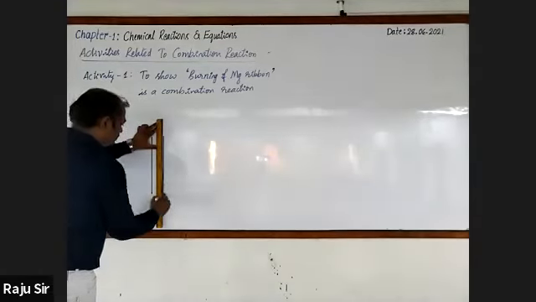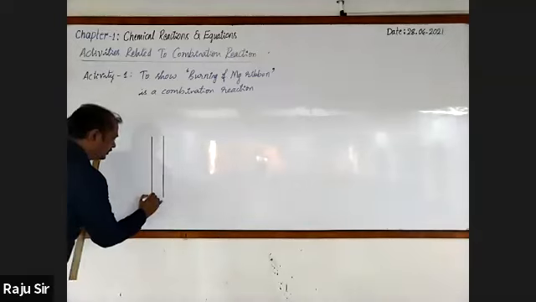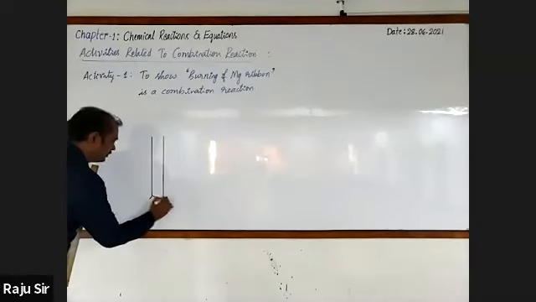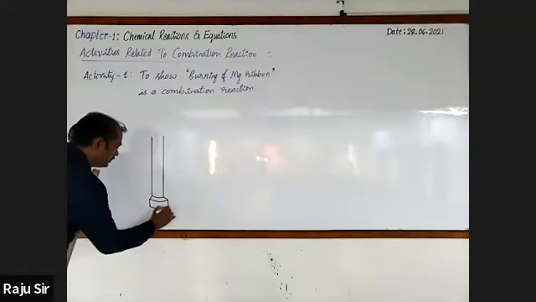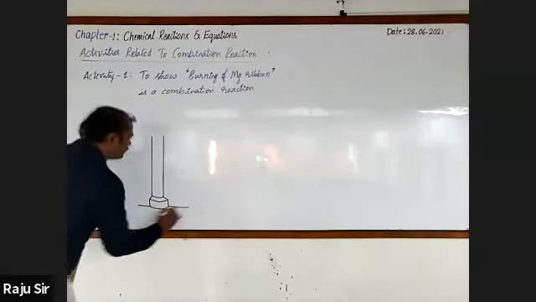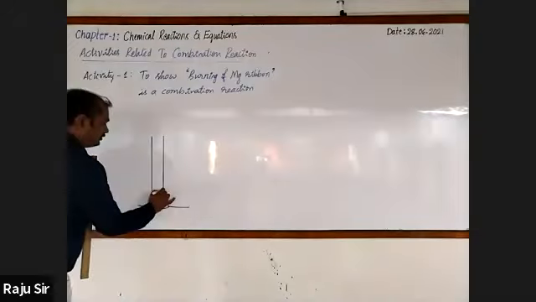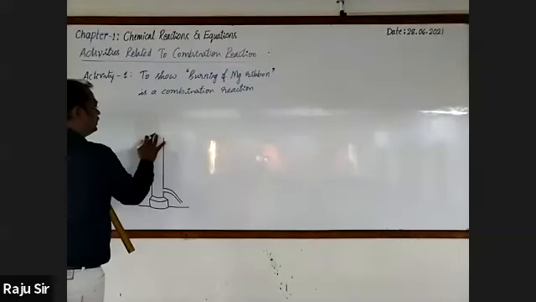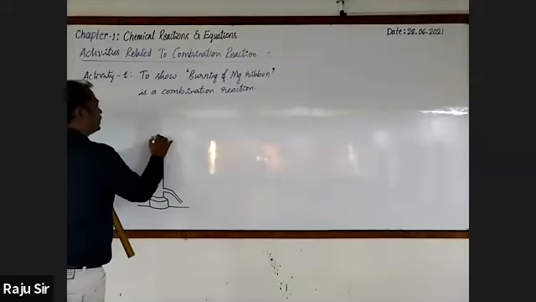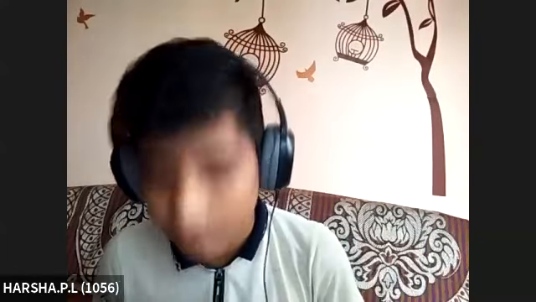This is a Bunsen burner. Draw it like a cylinder. This is the simplest way of doing it. You can show the gas pipe. Then here you can show the flame as well. Flame.